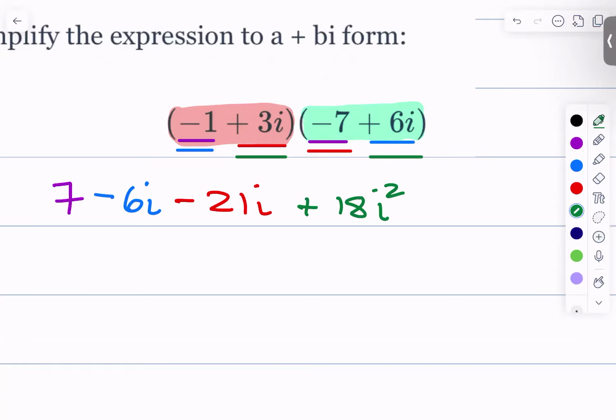Correct? I made sure that everything in the red parentheses is being multiplied to everything in the green parentheses. And by the end of it, class, if it's a binomial and you do it this way, you should have 2 lines underneath each term.